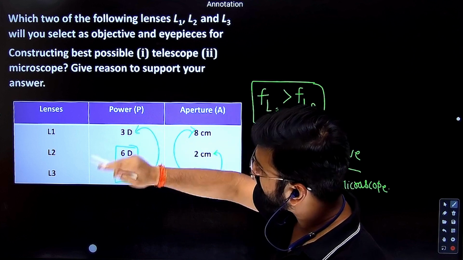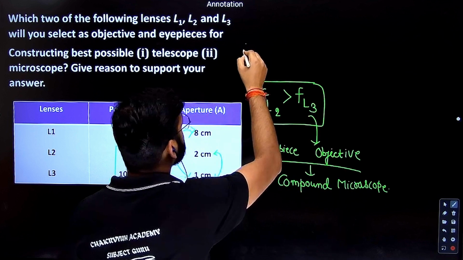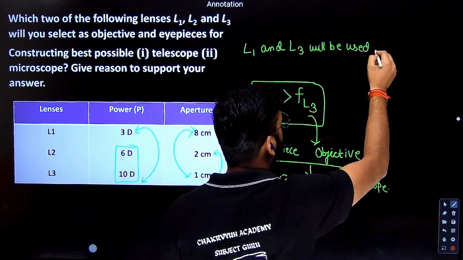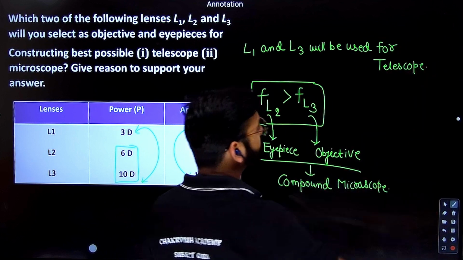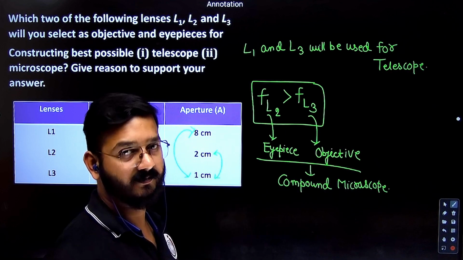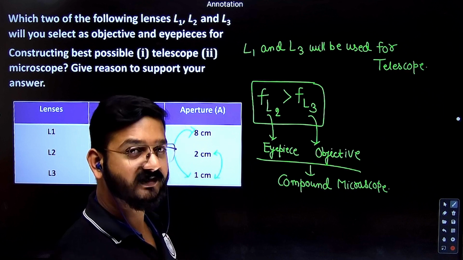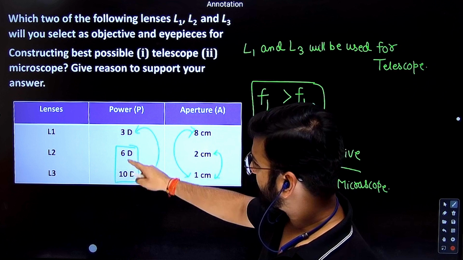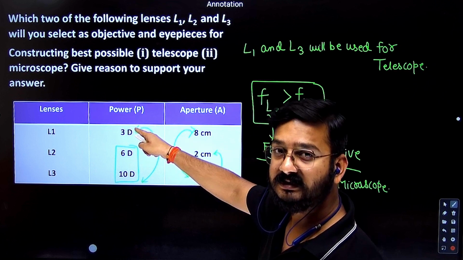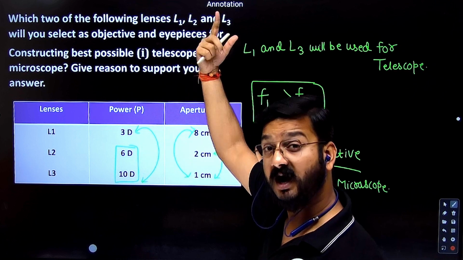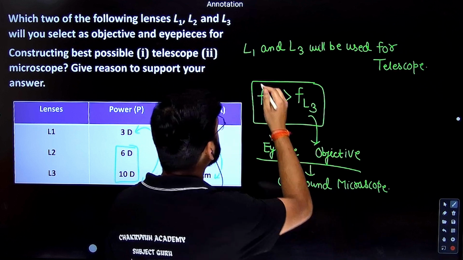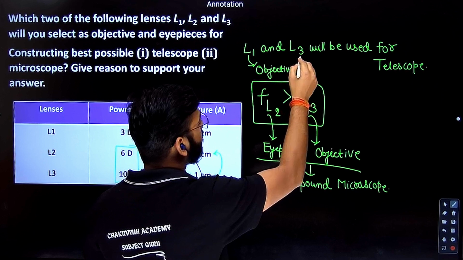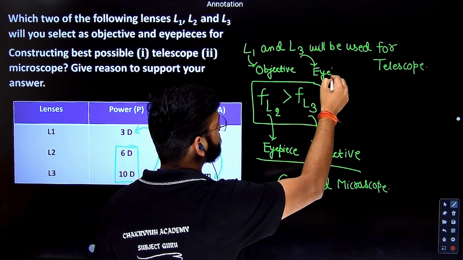So L1 and L3 will be used for the telescope because they have a significant difference in their focal length and aperture. Now the objective has the higher focal length. If you see 3 and 10, the power is less, which means the focal length will be higher. So L1 will be the objective and L3 will be the eyepiece.